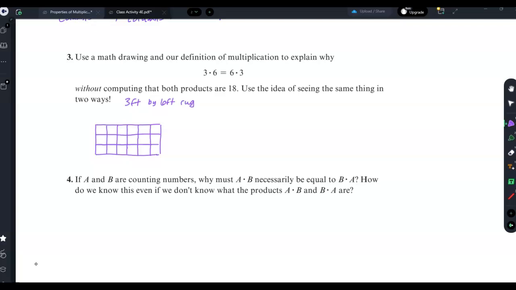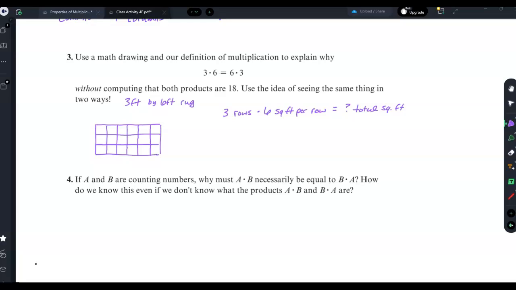Again, I'm going to write that in terms of an equation. So I could say this is 3 rows times 6 square feet per row. And that would give me the total number of square feet, because a fast way to calculate the total number of squares is just to multiply, right?